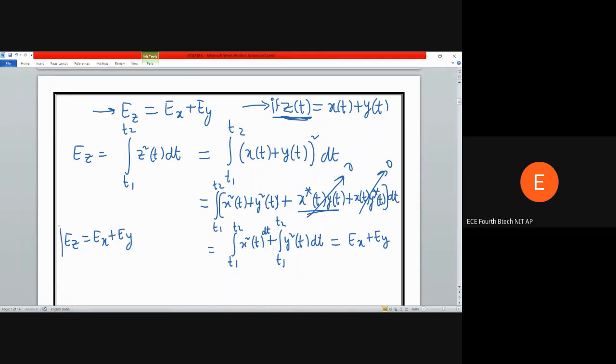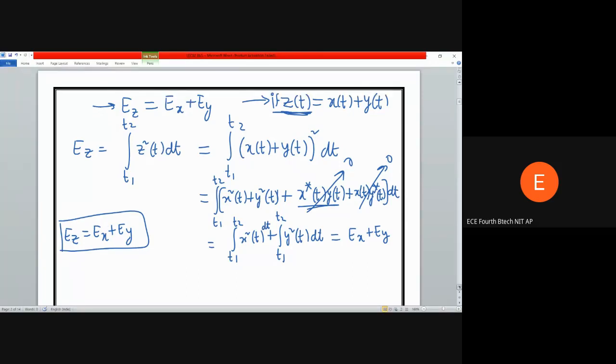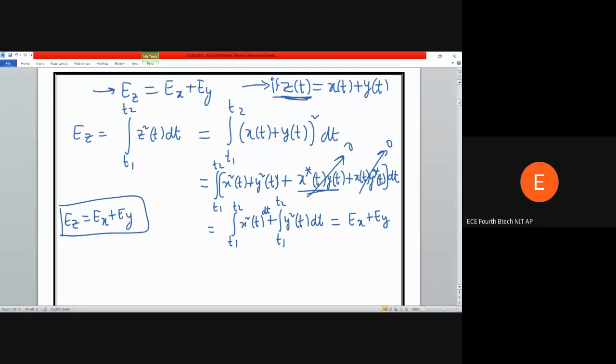This is for the people who are familiar with the Fourier series. We are going to represent the signal x of t in terms of cos theta and sine theta functions. So you will have an infinite number of cosine terms and an infinite number of sine terms.